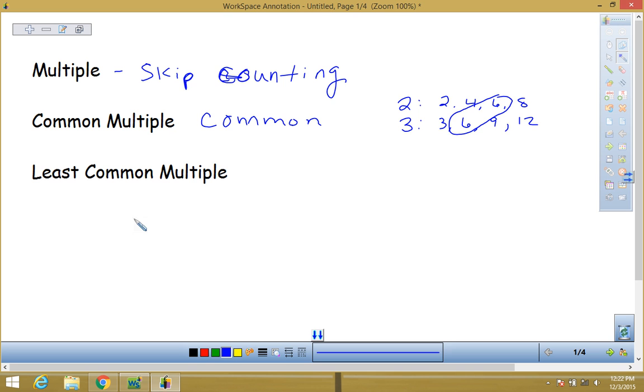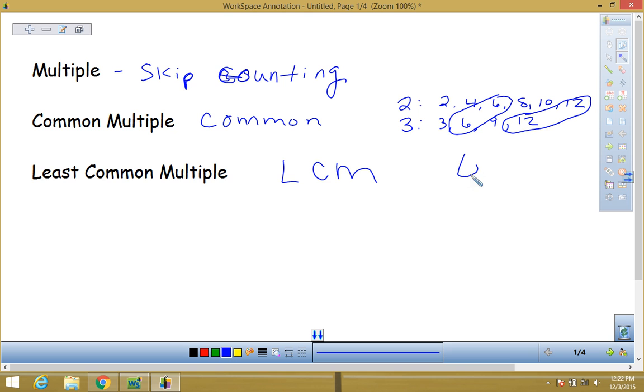All right? So we also use the acronym on least common multiple. We use LCM. Just like in greatest common factor, we use GCF. Now, in the least common multiple, like if we would have kept going here and found another one. So this would have been common multiples, right? Which one is the least common multiple?